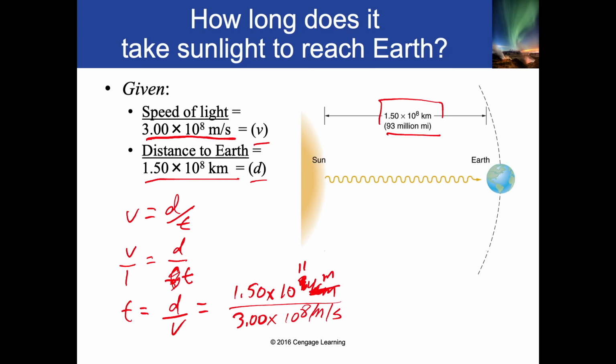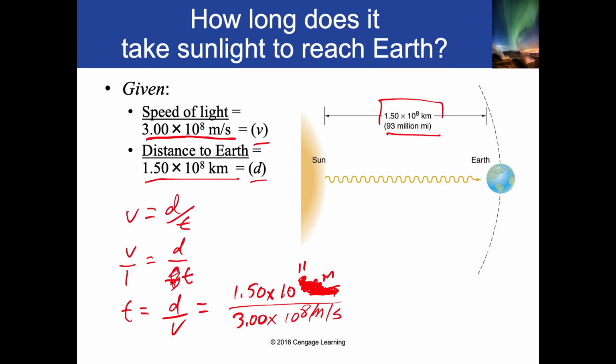If you convert this kilometers to meters, it's 10 to the 11th. I forgot to change it. So it should be 1.5 times 10 to the 11th meters is what it should be. Sorry about that.